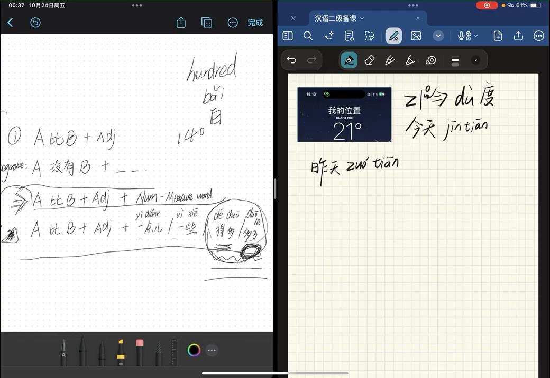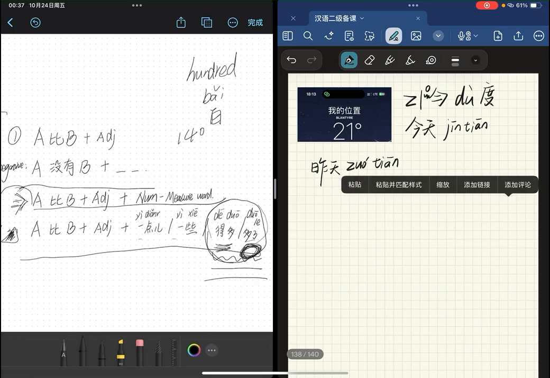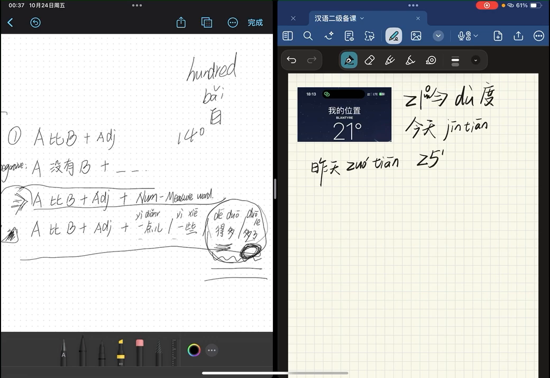If yesterday's temperature is 25 degrees, 25度, this one is yesterday's temperature, and this one is today's temperature. Okay, so now let's compare the weather.